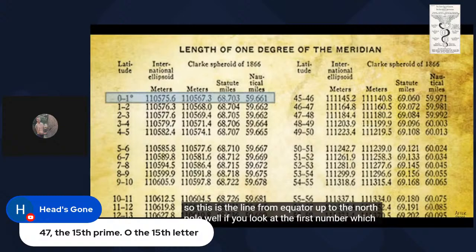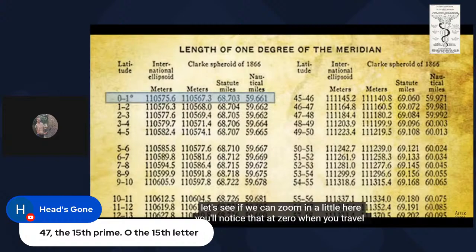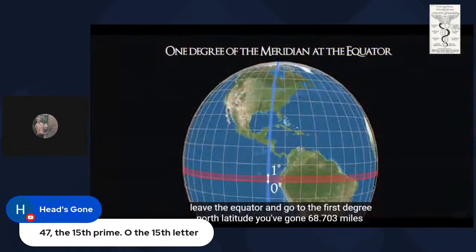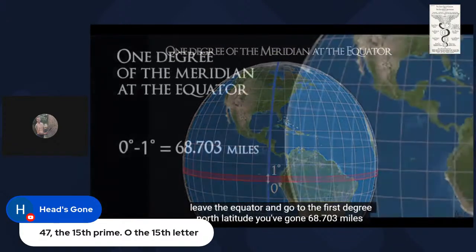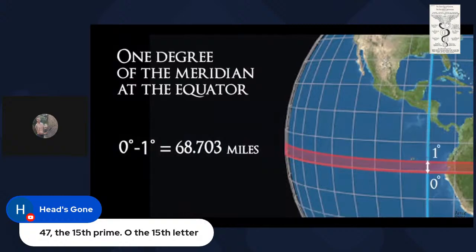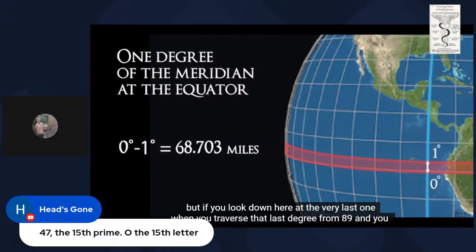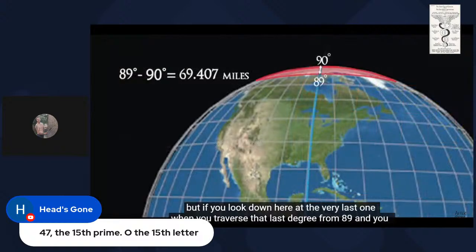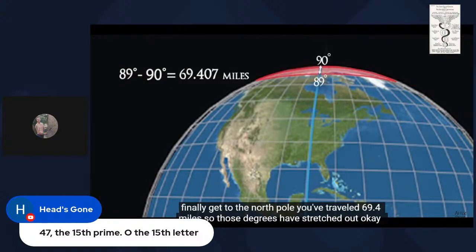Well, if you look at the first number, which, let's see if we can zoom in a little here, you'll notice that at 0, when you leave the equator and go to the 1st degree north latitude, you've gone 68.703 miles. But if you look down here at the very last one, when you traverse that last degree from 89 and you finally get to the North Pole, you've traveled 69.4 miles. So those degrees have stretched out.